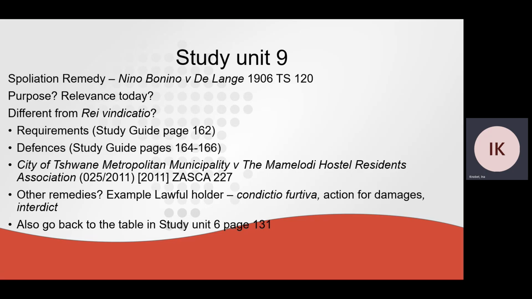So please make sure that you understand what the purpose of the remedy is and how it functions. It's a remedy where the merits of the case are not considered. Only the requirements are applied.